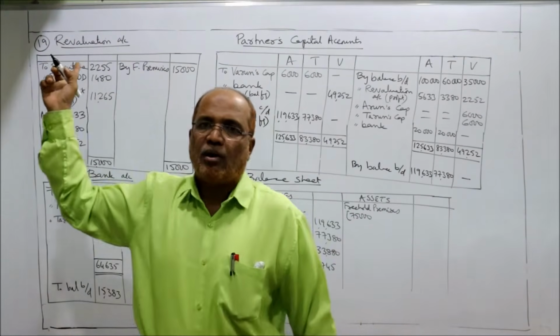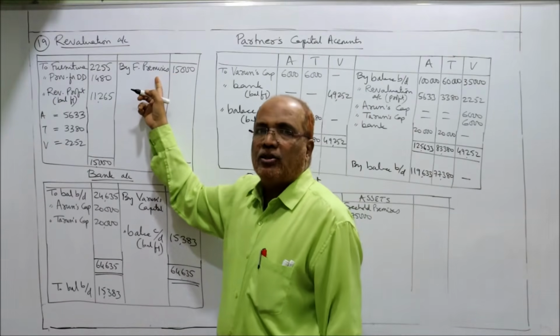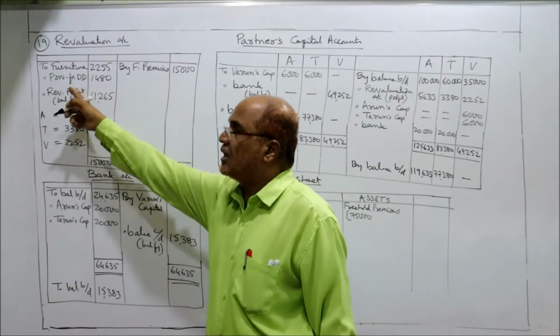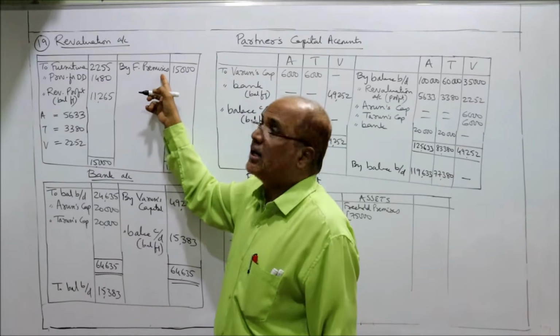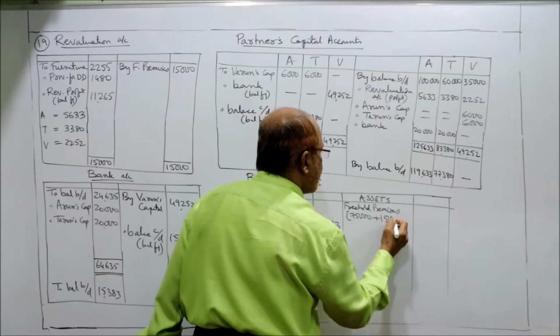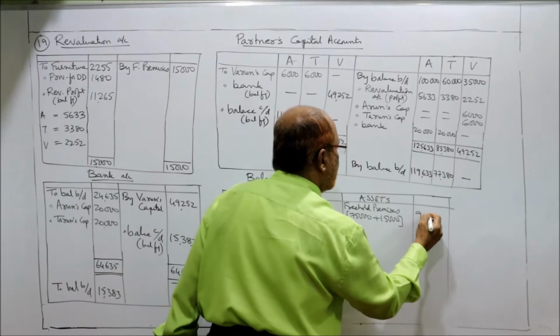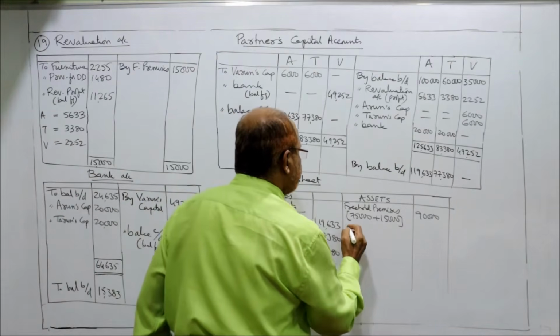Now, revaluation account, you can check whether it is increased or decreased. If it is on the credit side then it has increased, if it is on the debit side then it has decreased. So here freehold premises is on the credit side, increased by 15,000. 90,000. Next, furniture and fittings.